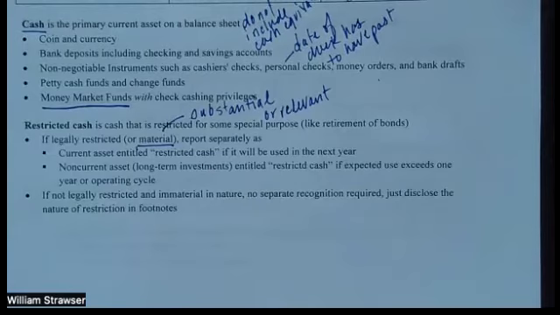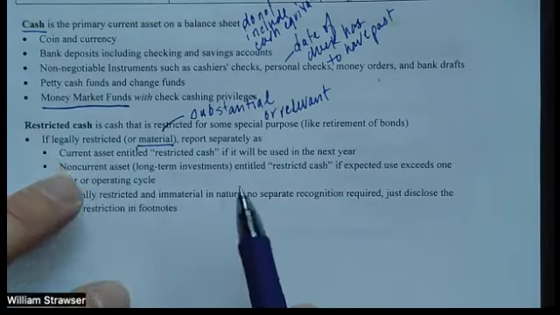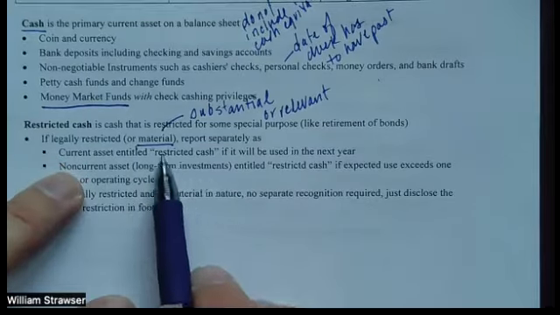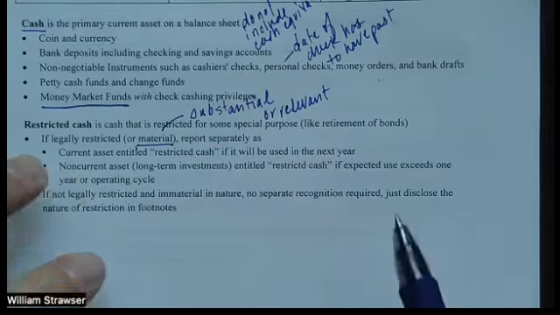Like if I have $100 of cash and cash equivalents and $20 is restricted, that's pretty material. That's 20% of all of my cash. If that's restricted, any amount that is legally restricted needs to be reported as restricted cash.